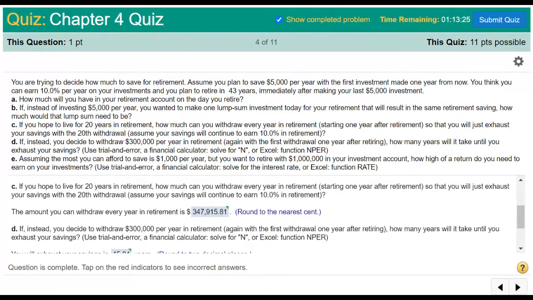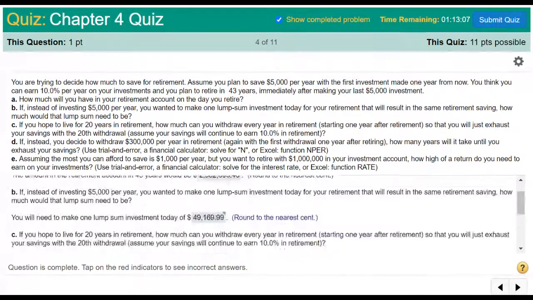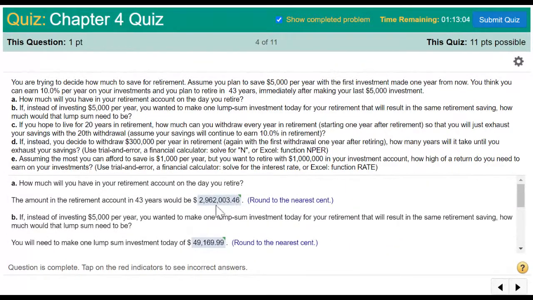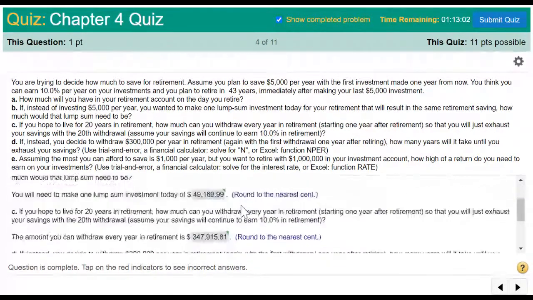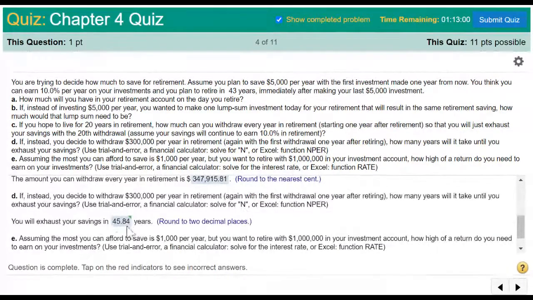IY equals 10. Payment is negative 300,000. Future value is 0. Present value is 2,962,003.46, and you should come out to 45.84.